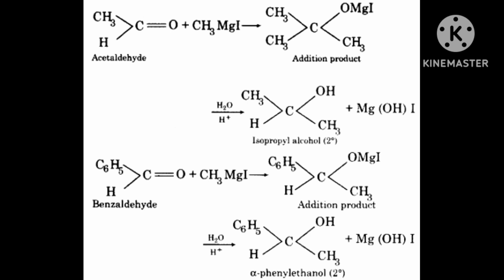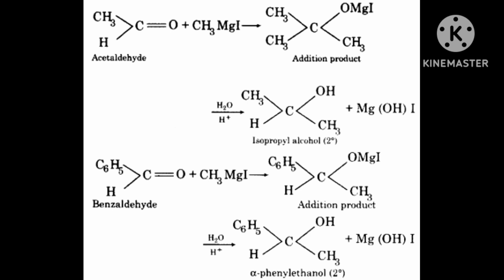It will form an OH bond. Now you got the alcohol. Now O became OH. Then the OH minus goes with Mg, and now it forms Mg(OH)X.